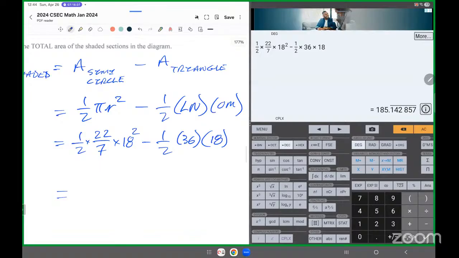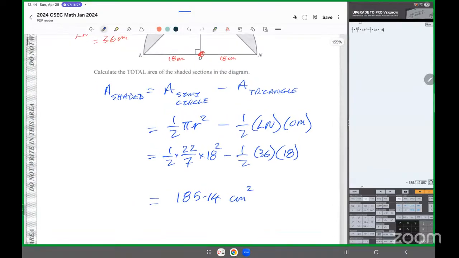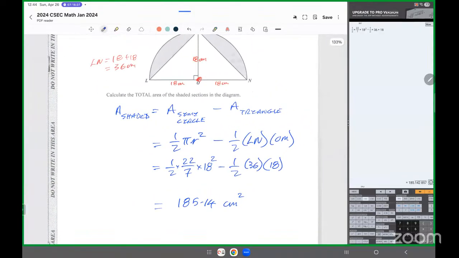That's 185.14 centimeters squared. That is the area shaded. Are you okay with that?